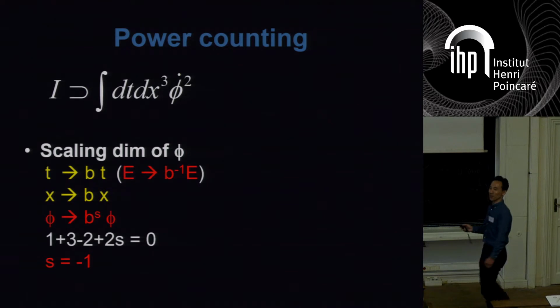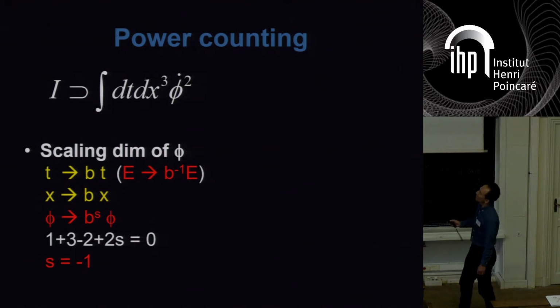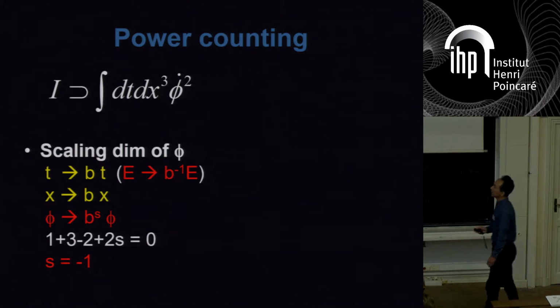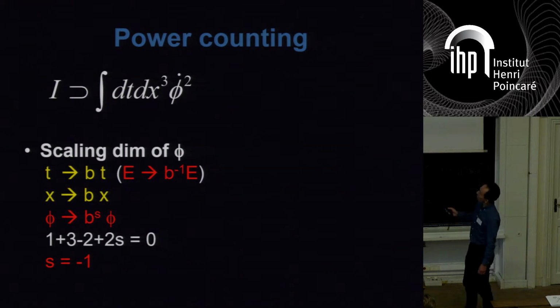I mean, everyone knows, of course. Okay, let's consider multiplying the time coordinate by some factor b, and the spatial coordinate by the same factor b. Then let's suppose that the scalar field phi scales like this, where s is some number to be determined. And we demand that the action is invariant under scaling.